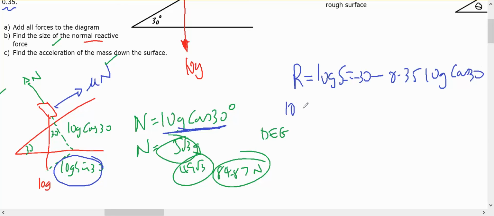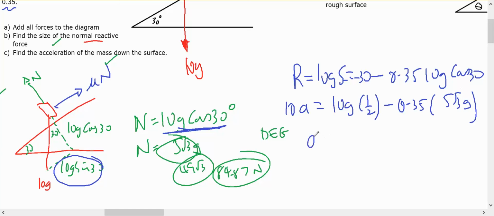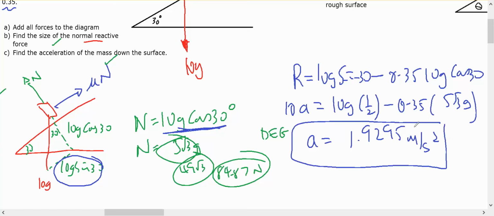So 10 times A equals 10G times a half minus 0.35 times 5 root 3G. A equals 1.9295 meters per second squared as being the acceleration.